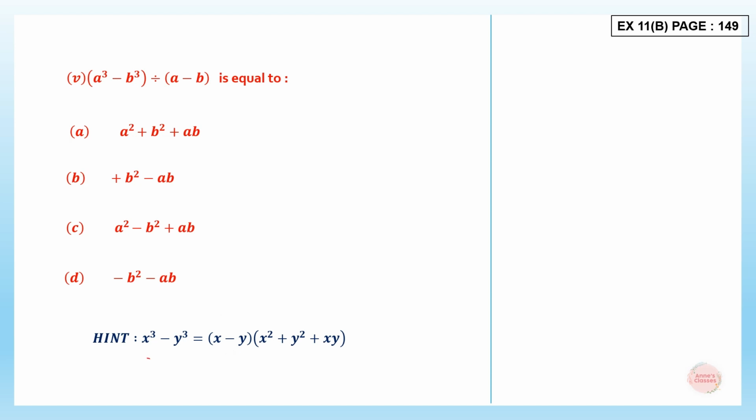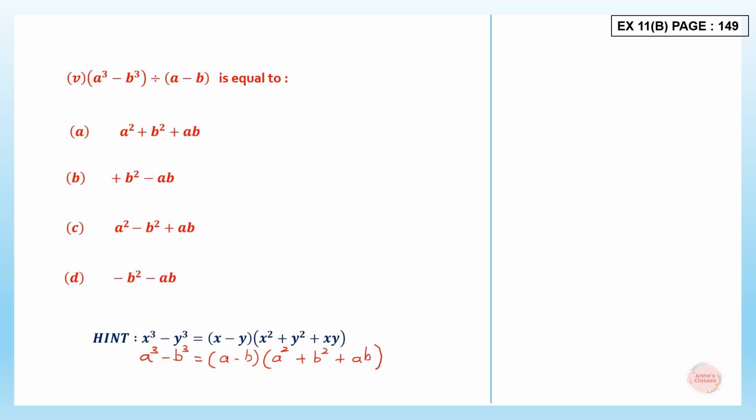So suppose we have a cube minus b cube, that will be equal to, instead of x minus y, we say a minus b, and a square plus b square plus ab. So it's the same thing here. Instead of x cube minus y cube, we've written a cube minus b cube. That means this can be replaced here with this whole thing.